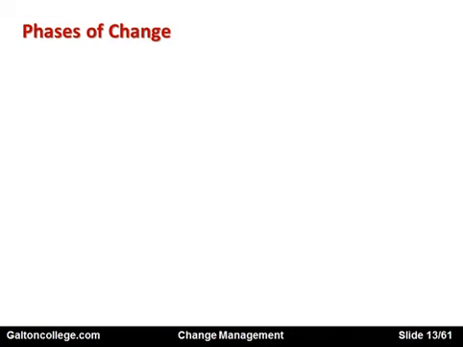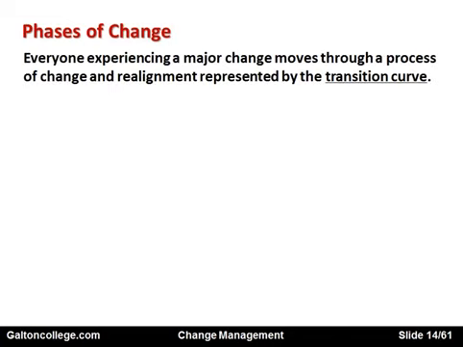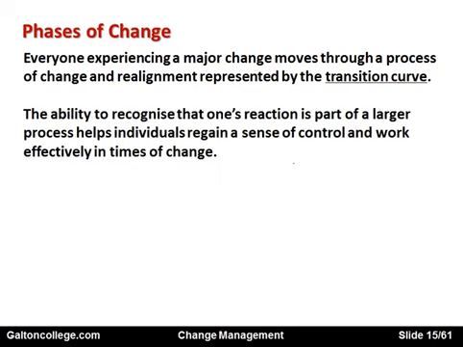So we have phases of change. Everyone experiencing a major change moves through a process of change and realignment, represented by the transition curve. The curve we just saw is fairly typical of how we adjust to change. The ability to recognize that one's reaction is part of a larger process helps individuals regain a sense of control and work effectively in times of change.